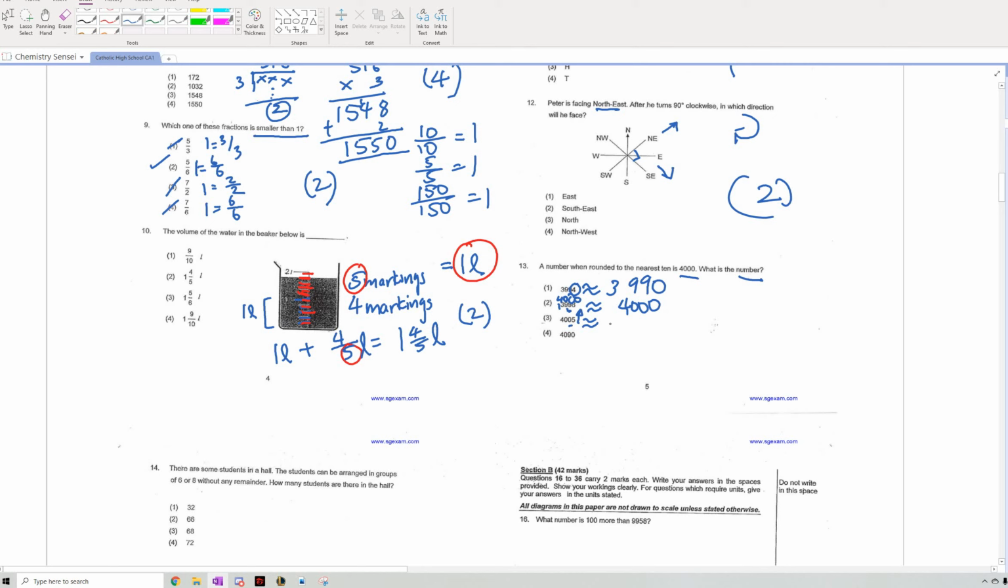So we get the answer 4010. Option 4, when rounded to the nearest 10, we will get the number 4090. So it is the same. As the number 0 is smaller than 5, we round down.